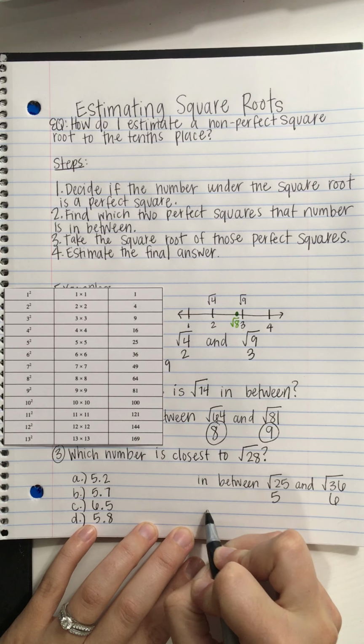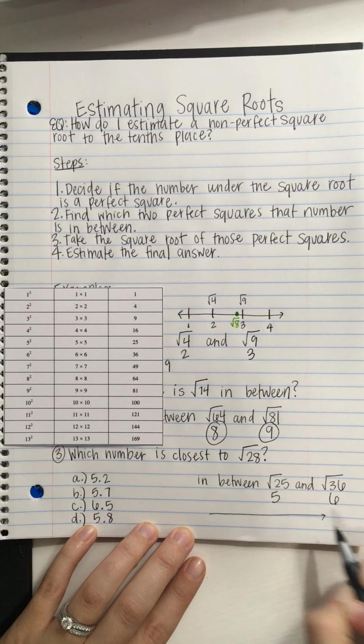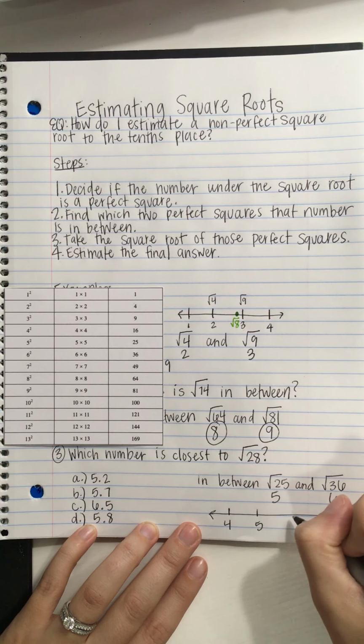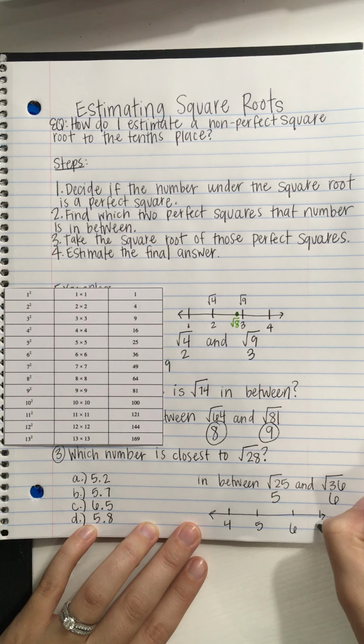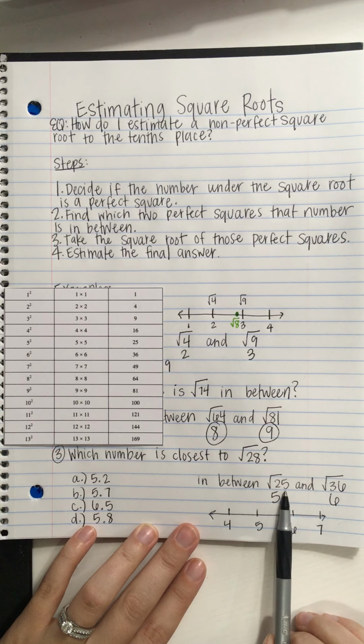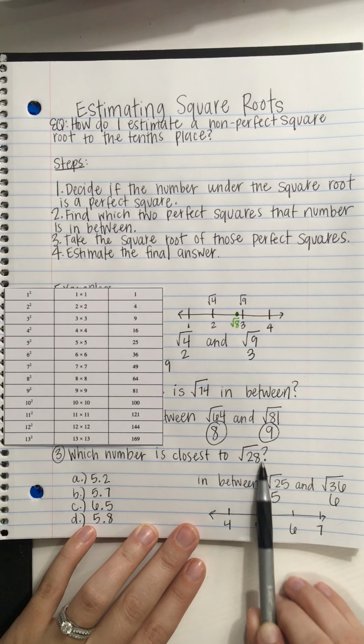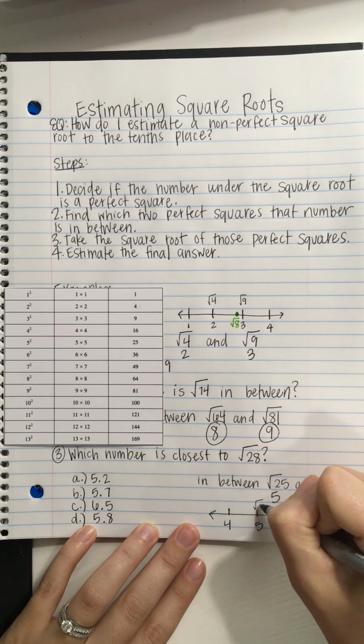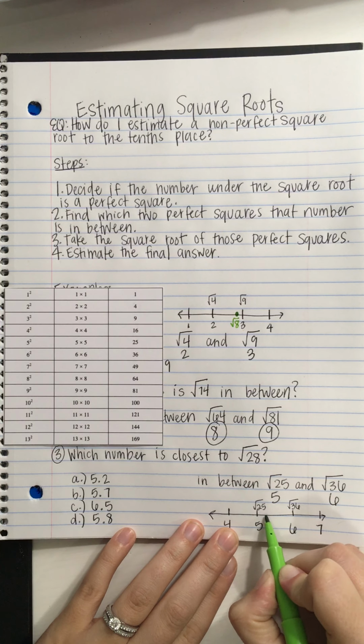So again, you can kind of think about it on a number line. Here would be like 4, 5, 6, 7. So we are looking at square root of 28. Square root of 25 is 5, square root of 36 is 6. So square root of 28 is going to fall probably right about here.